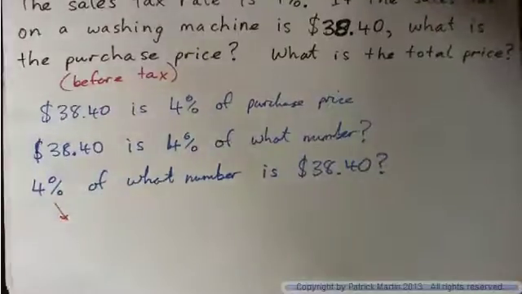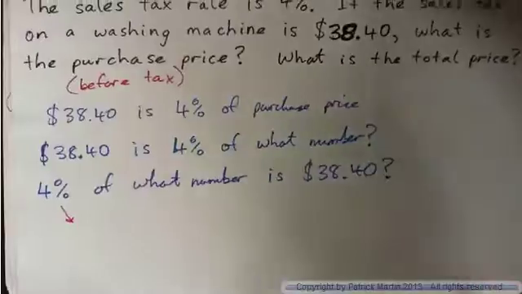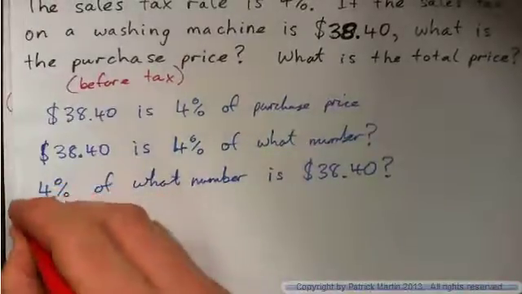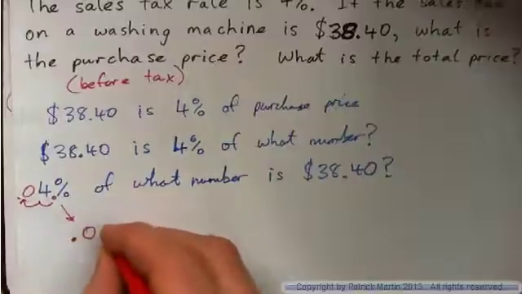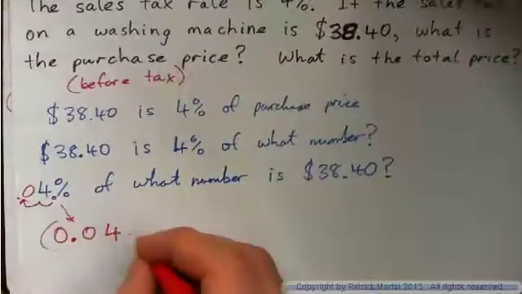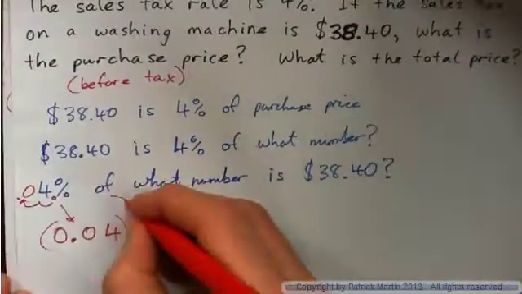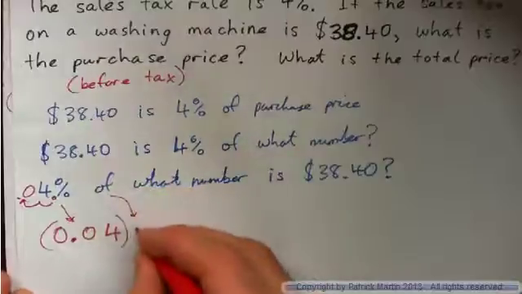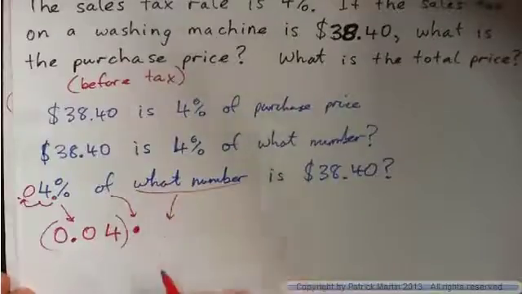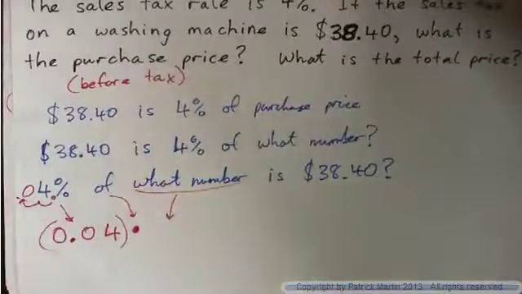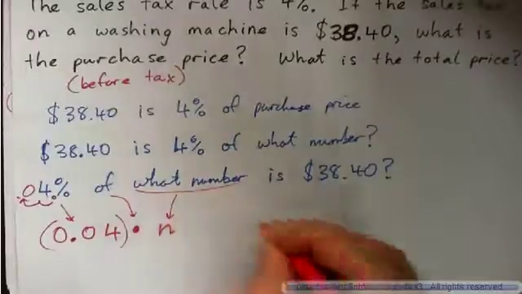What does that become? Move the decimal point 2 spaces to the left, and we get 0.04, okay? Of becomes multiply. What number? What's that going to be? 4% of what number: n.